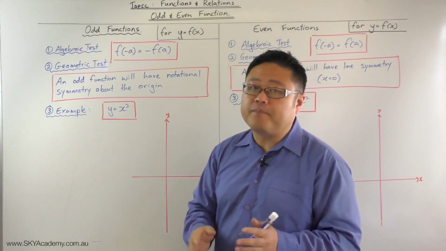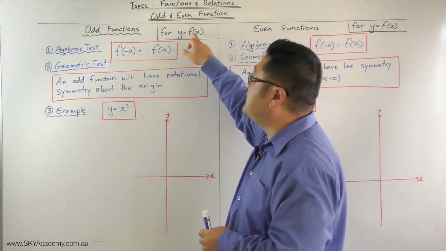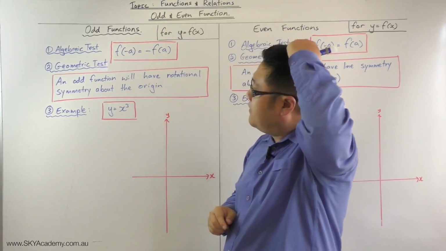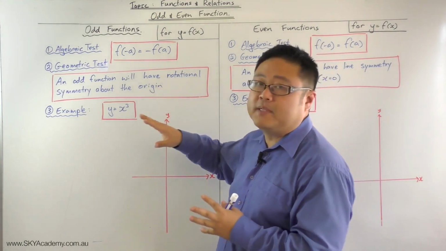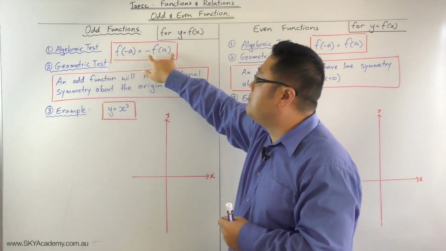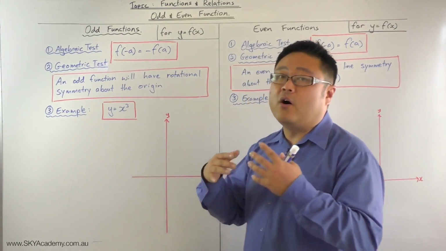If you've got a relationship or a function that's governed by the rule y equals f of x, and the rule obeys this particular property, that f of minus a equals minus f of a, then you've got what we call an odd function.